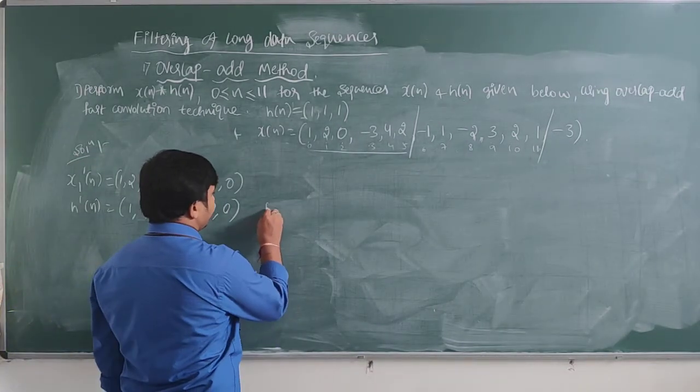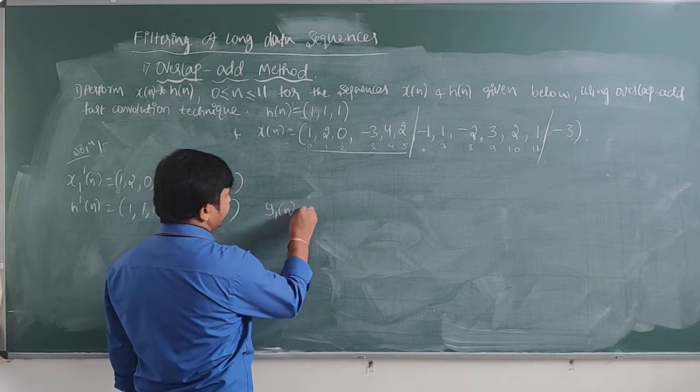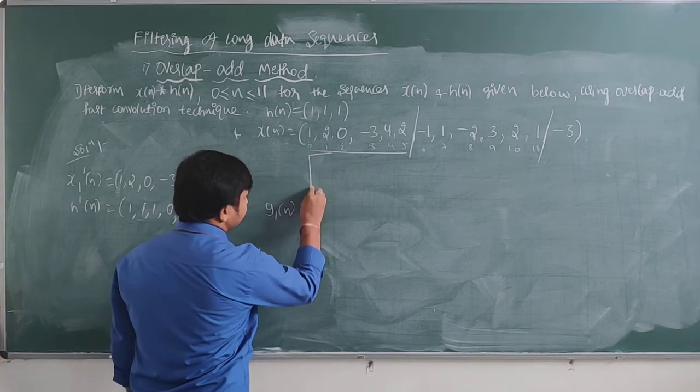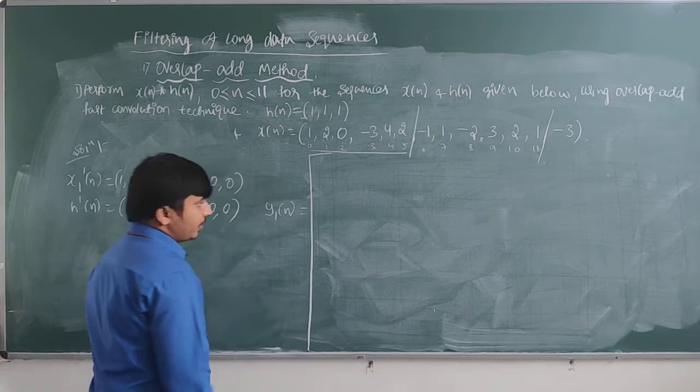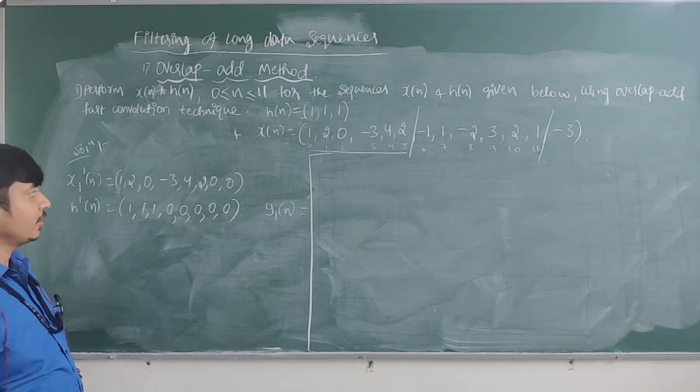Now I am computing y1 of n, so I will use the matrix method to compute the circular convolution.